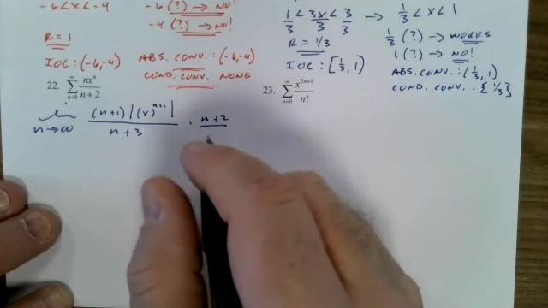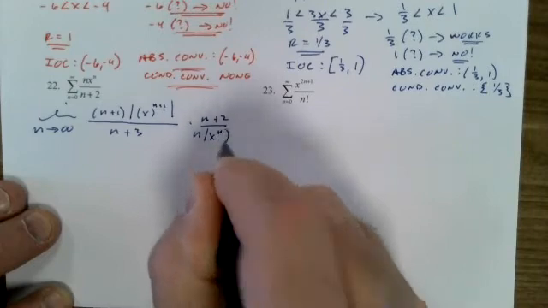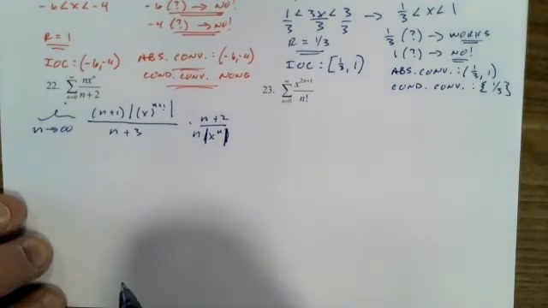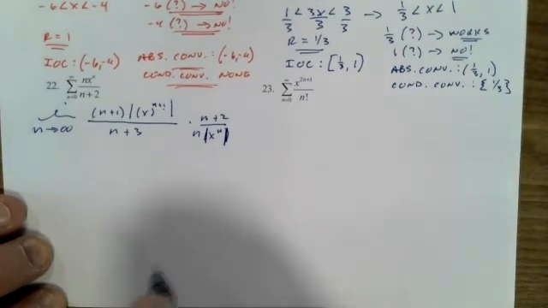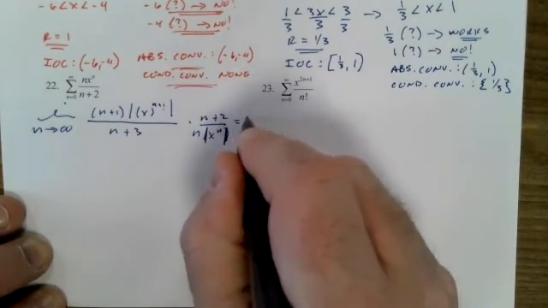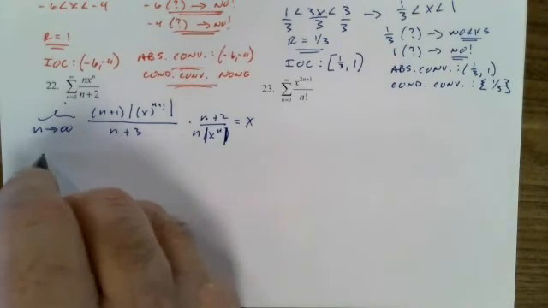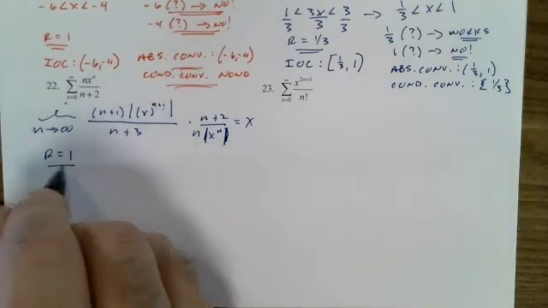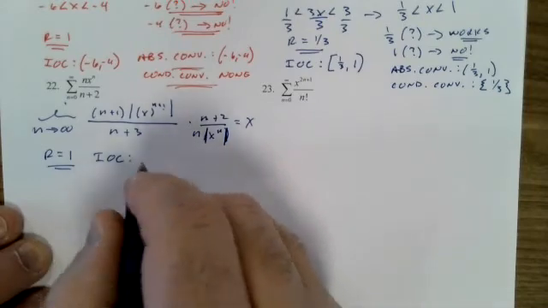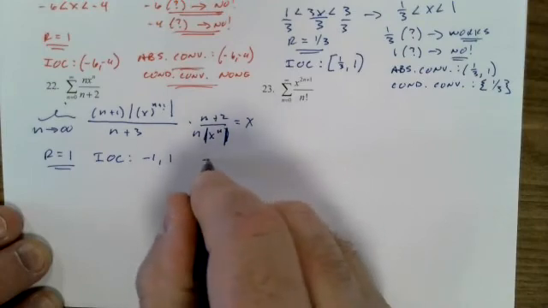N plus 2 over n x to the n. Whew. All said and done, n plus 2, n plus 3, and n plus 1, x. So r equals 1, interval of convergence. Actually, I can't finish that, -1 to 1. Let's check -1.